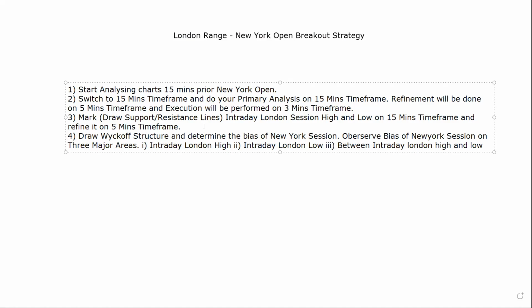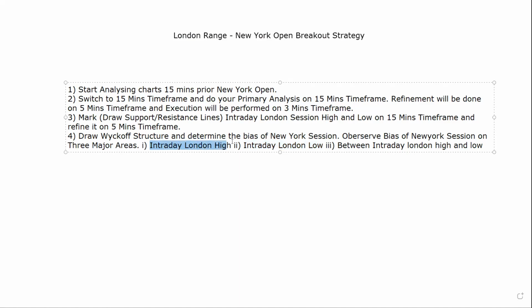For example, what will be the bias on intraday London high? What will be the bias on intraday London low? For example, the New York session opens between intraday London high and low. Then after opening, it reaches the intraday London low and there is an oversold condition, and the price reverses and goes towards intraday London high.